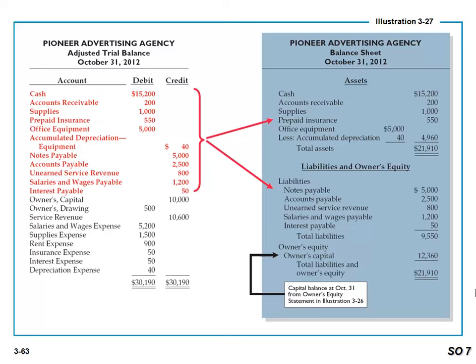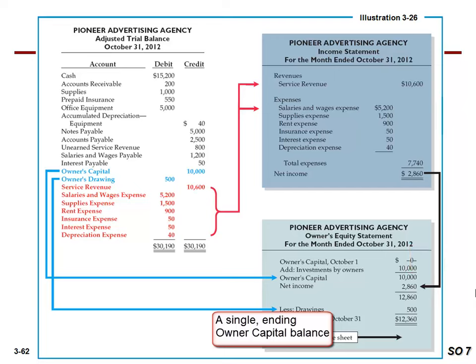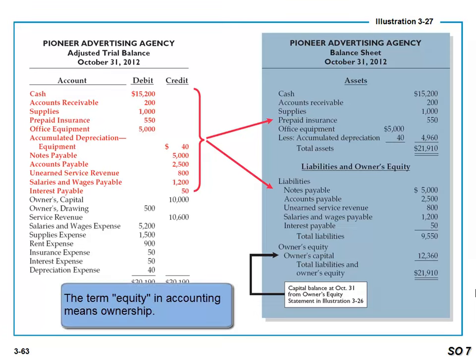Individual liability accounts totaling $9,550, and what do we need to balance our balance sheet? The ending owner's capital position as calculated in the previous owner's equity statement. $12,360, that's what's needed to balance our balance sheet so that our total assets equals our total liability position and our ending owner's equity position.